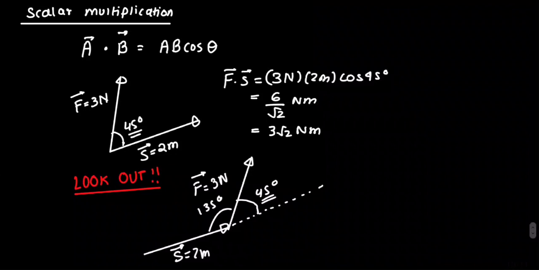Apart from that, there is another representation of dot product that includes the 3 standard Cartesian coordinate unit vectors. Okay, so let us say that the vector A has been given to you as some AX I cap, AY J cap, and AZ K cap.